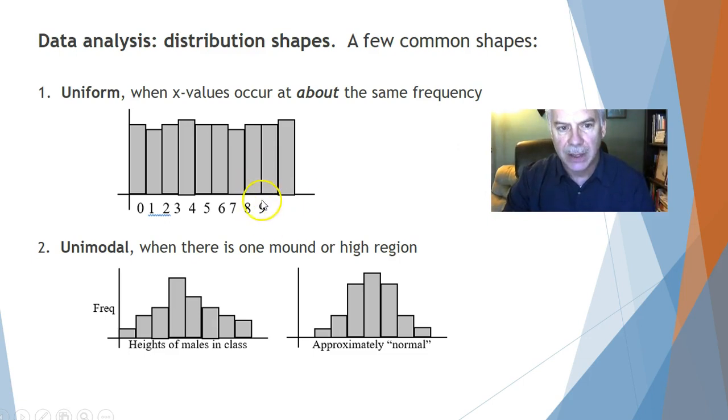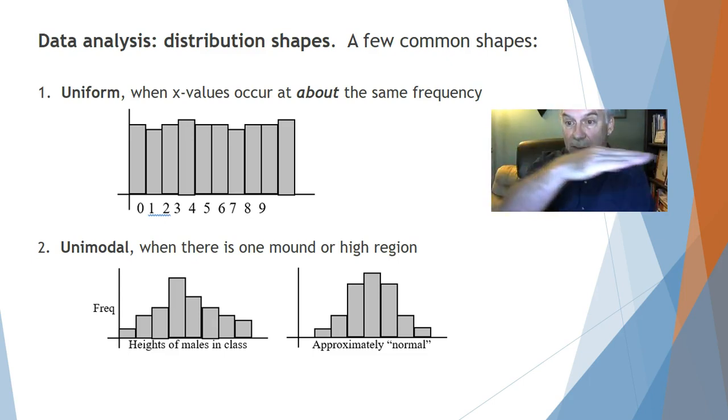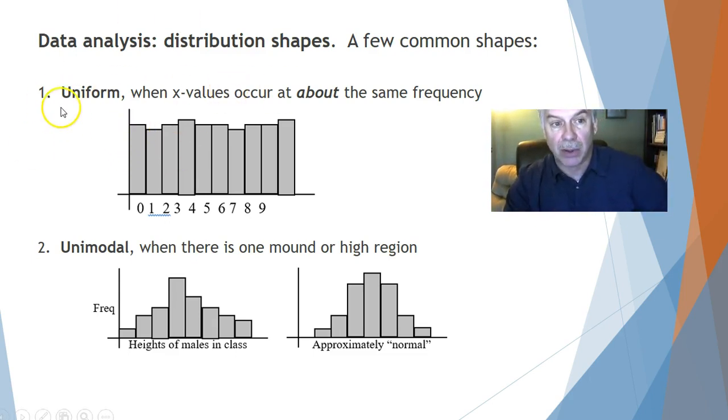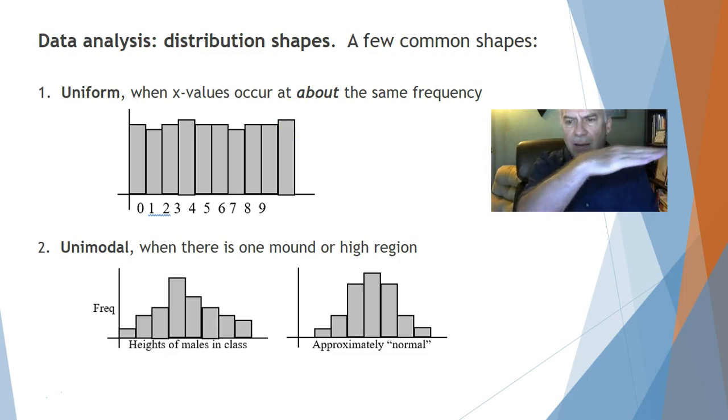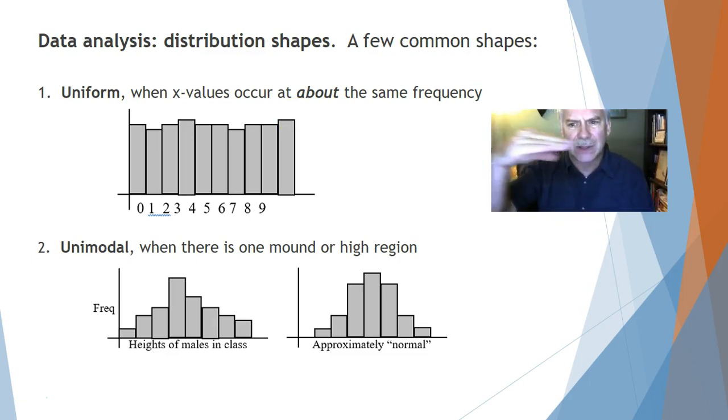The first shape is what's called a uniform distribution, which doesn't mean exactly the same across the board, but it approximately is the same across the board. And so you see in the shape that the height of the rectangles is all about the same. So there might be some variation in the height of the rectangles, but pretty much it's a line going across where the rectangles are all about the same height.